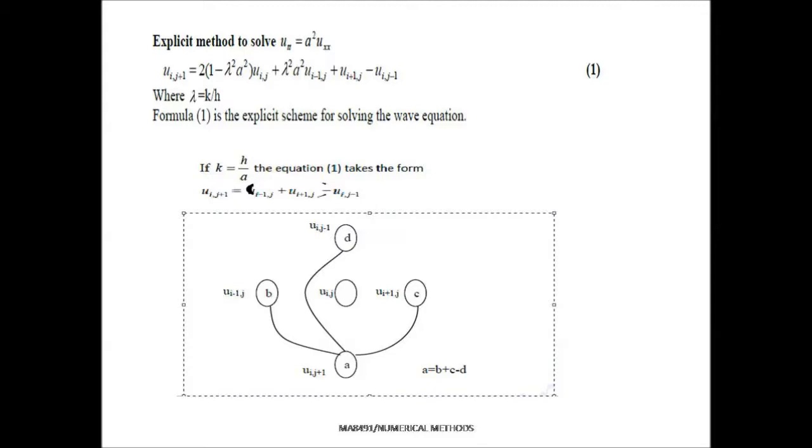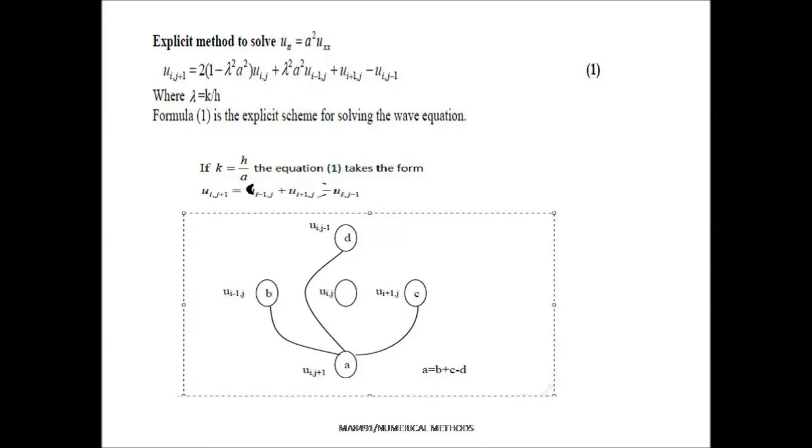Here this formula can be further reduced into 3 terms and 2 terms if a condition is satisfied. In the first condition, if k = h/a, then the formula can be reduced into 3 terms: u(i, j+1) = u(i−1, j) + u(i+1, j) − u(i, j−1), which is explained by the pictorial diagram given below.